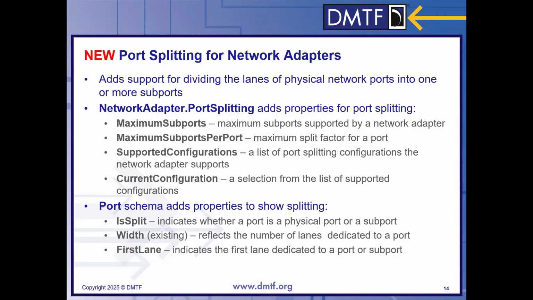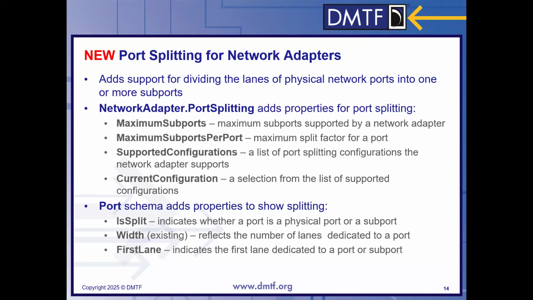These include maximum subports, which is the maximum number of subports that a network adapter supports. Maximum subports per port: for each of those ports, how much can I split it? So if max subports per port is 4, then each of the individual ports can be split 4 ways.